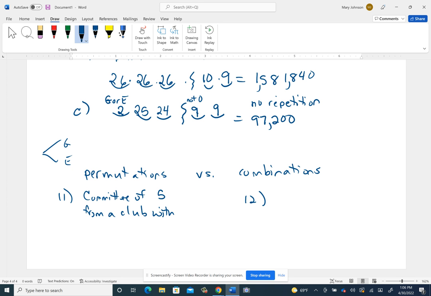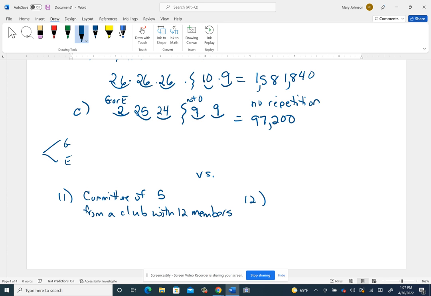Oh, I don't want to put which one's which because it's actually the other way around. So let me switch this so it matches so you don't get confused. You have to understand the difference between permutations and combinations. Committee of 5 from a club with 12 members.